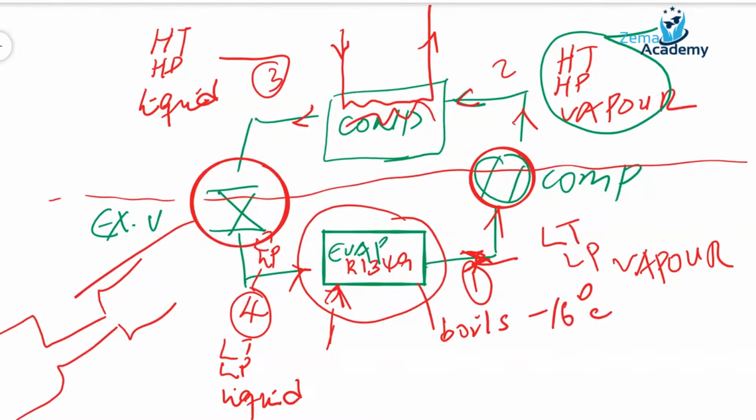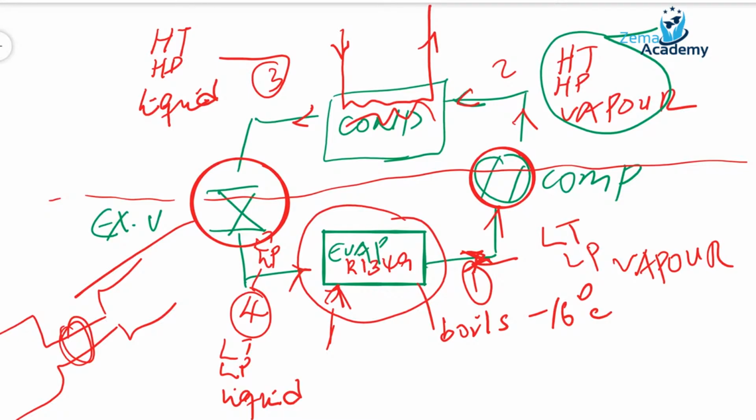By suddenly reducing the area of the pipe, you are able to expand the liquid, and therefore reduce the temperature and the pressure. Bernoulli's principle says that if you reduce the area, you increase the velocity but reduce the pressure. And if you reduce the pressure, you also reduce the temperature.